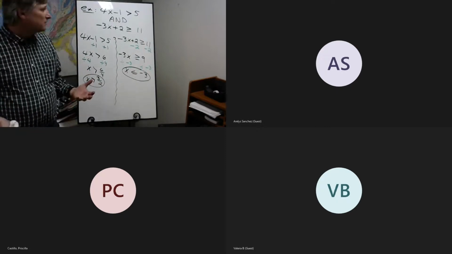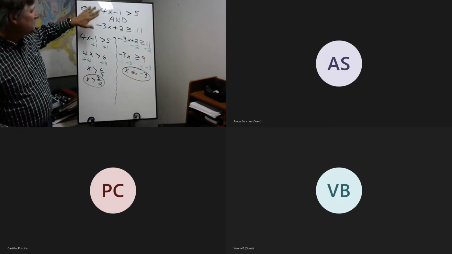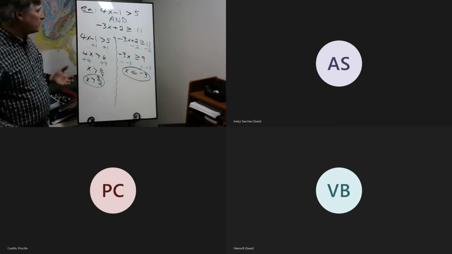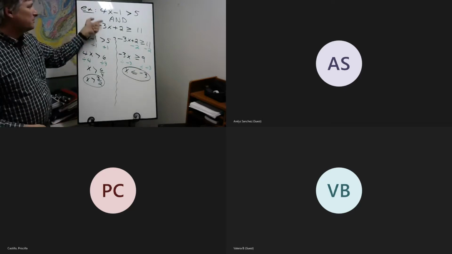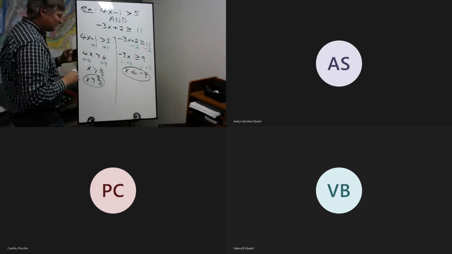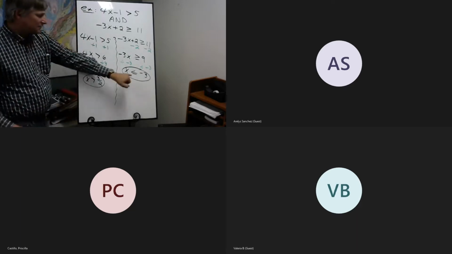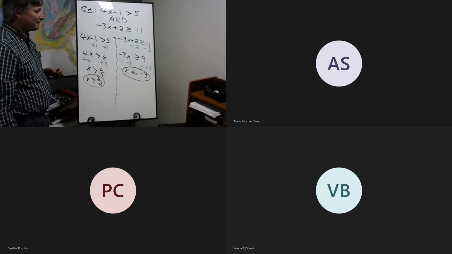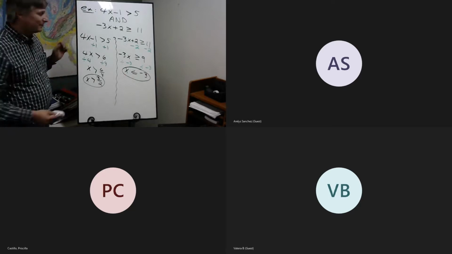And the havoc's going to be this. We're talking and, so that means this needs to overlap with this. We only want values of x that satisfy both of these. So x is greater than 3 halves, x is less than or equal to -3. Well, let's look for the overlap.